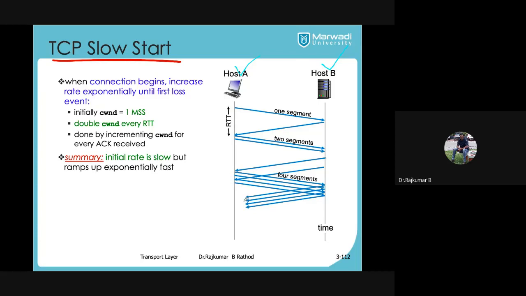Then once those acknowledgements come, it increases to 8, then 16, then 32, 64, 128, and so on. This exponential increase will continue until there is a loss. As soon as there is a loss, it reduces to half of its size.